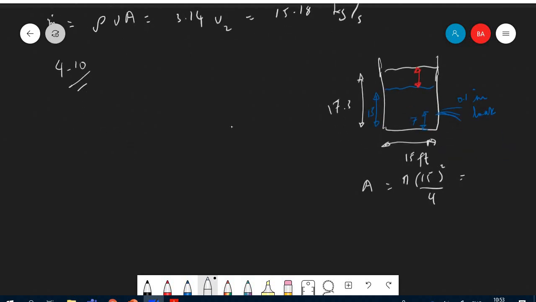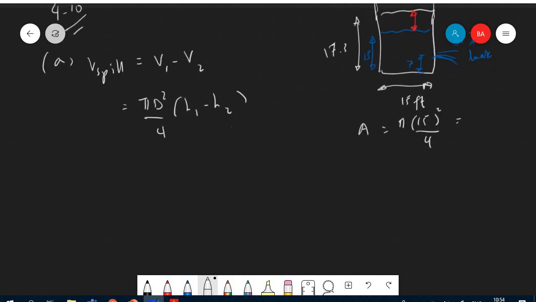We want to know how much amount had really been spilled out. So the V spill, I would say, is equal to V1 minus V2. I already mentioned this, so I'm just mentioning the pi d square over 4 into the difference in the height, right? The difference in the height tells you the volume of that amount that had been spilled.